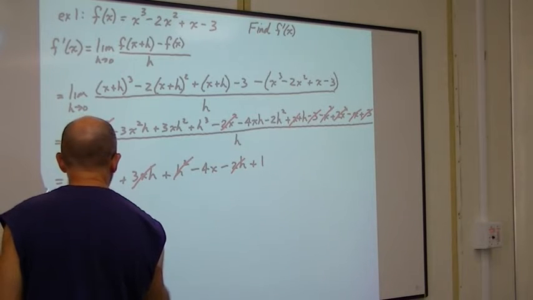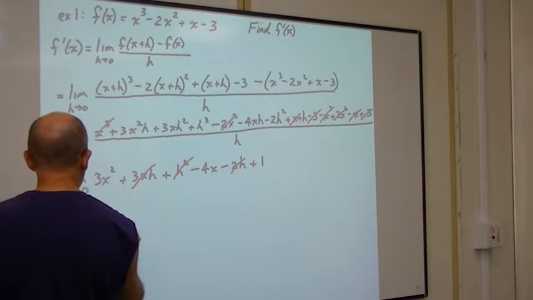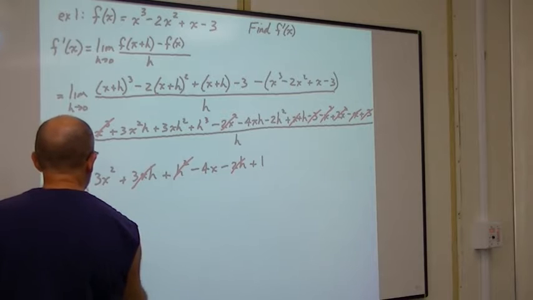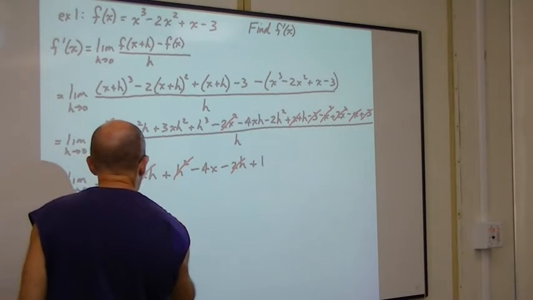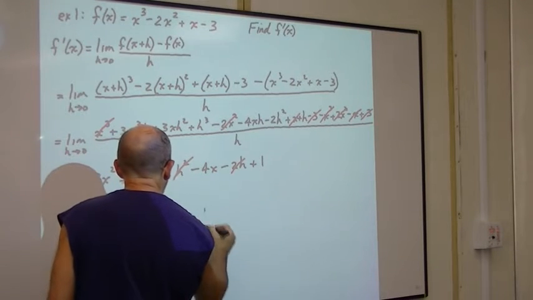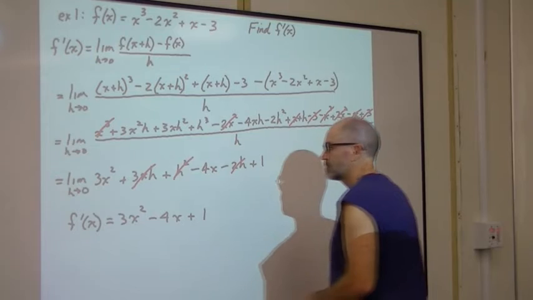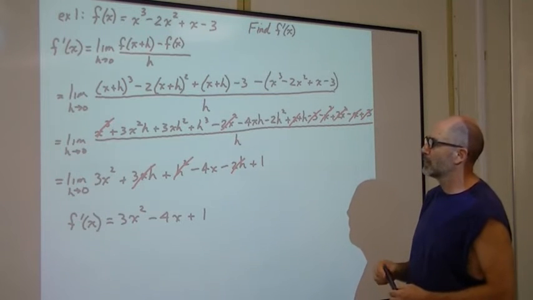as h, I'm sorry, what the heck are we doing? We don't need the limit. We already evaluated the limit as h approaches 0. So f prime of x equals 3x squared minus 4x plus 1. 3x squared minus 4x plus 1.